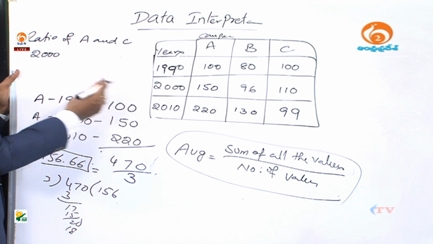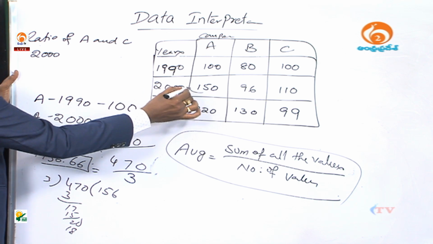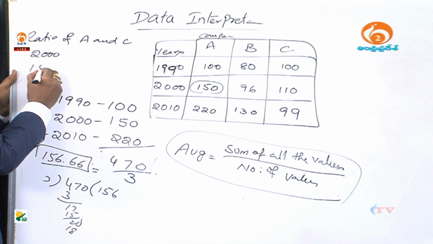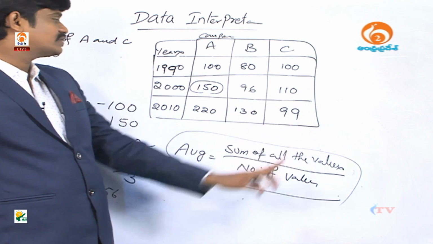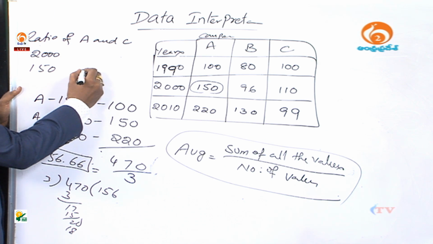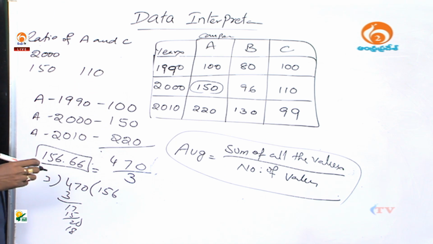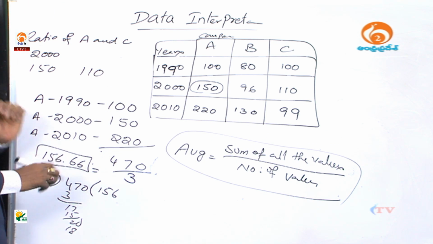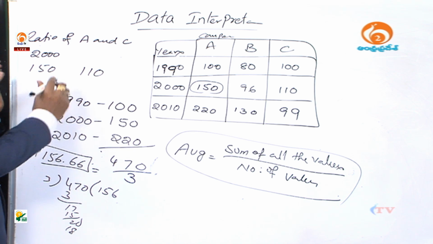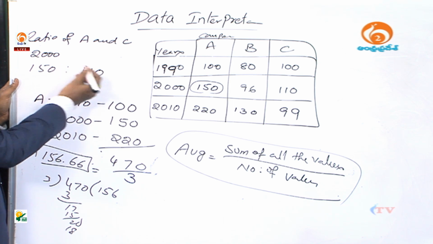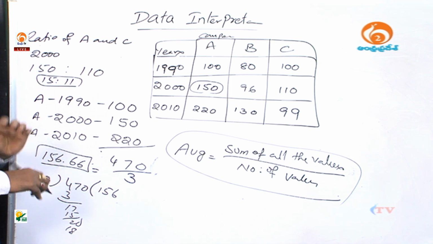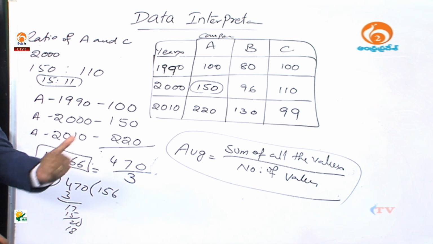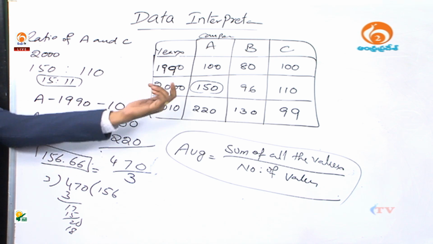The production of company A in 2000 is 150, and the production of company C in 2000 is 110. Ratio means comparison of two numbers by division. So 150 is to 110, the zeros cancel, and the ratio is 15 is to 11. Now they are including the ratio and proportion concept in this question.